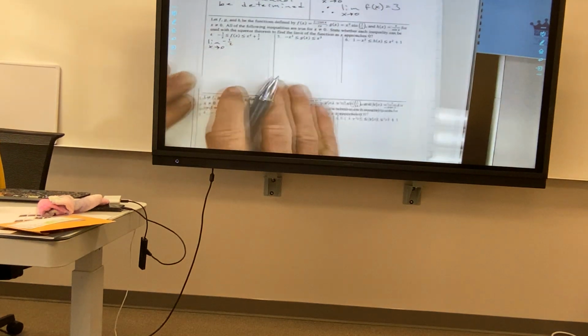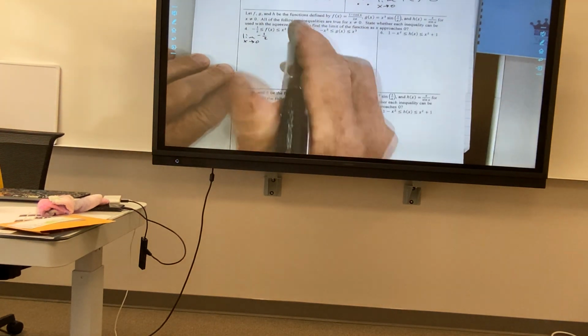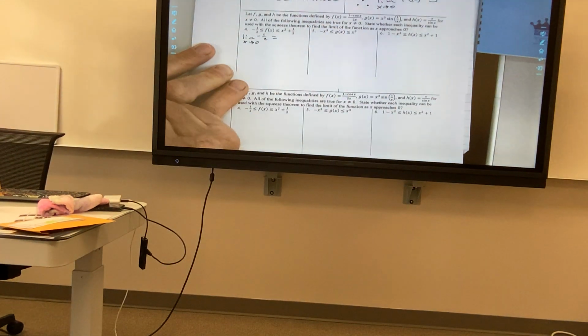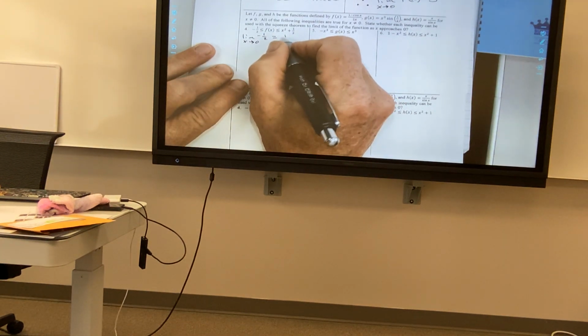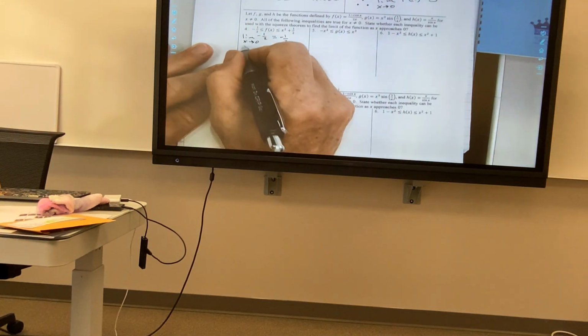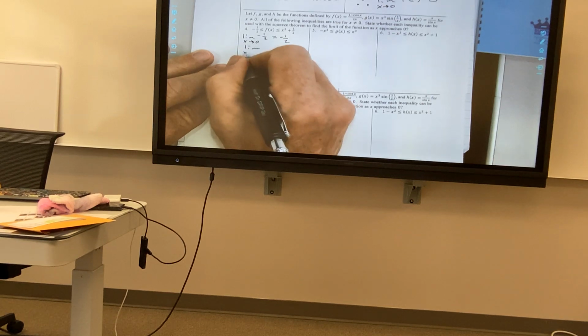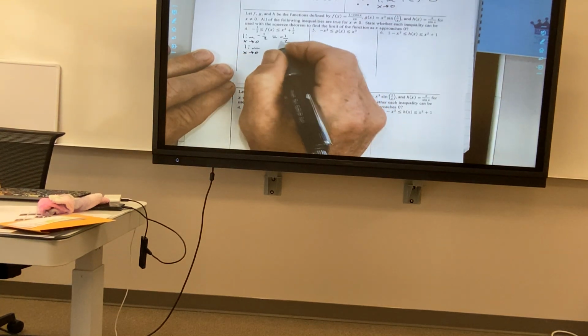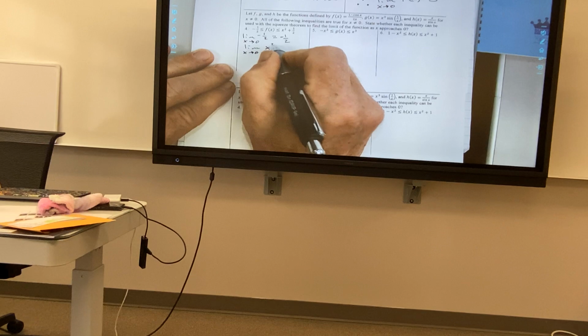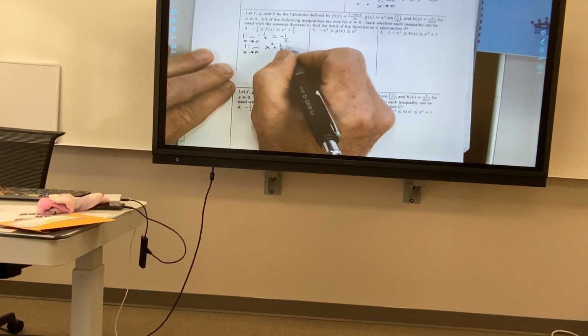I cannot see what you're writing down there. Okay? Audrey, what is that? -1/2. Then I'm going to figure out the limit as x approaches 0 of x squared plus 1/2.